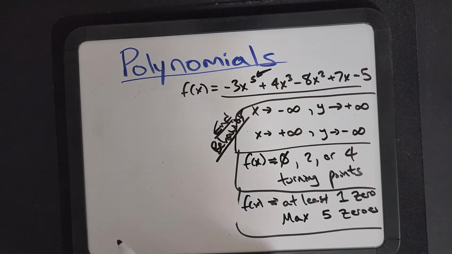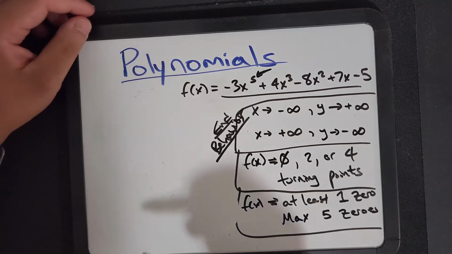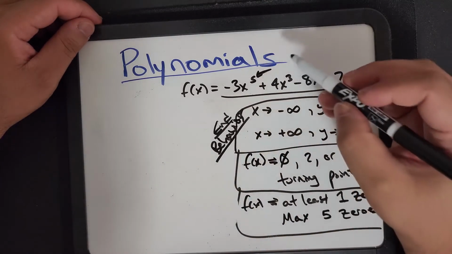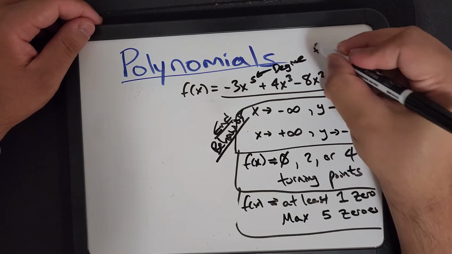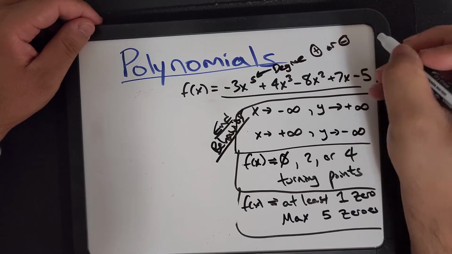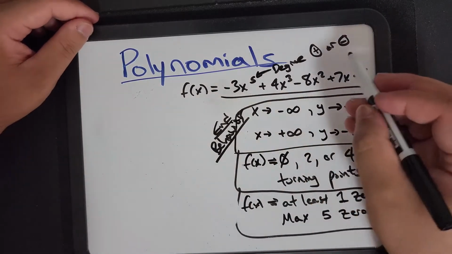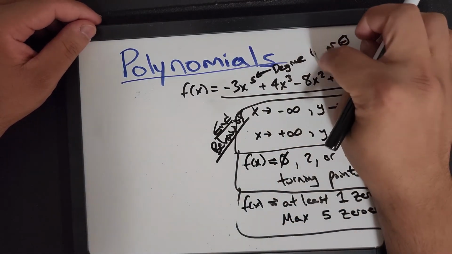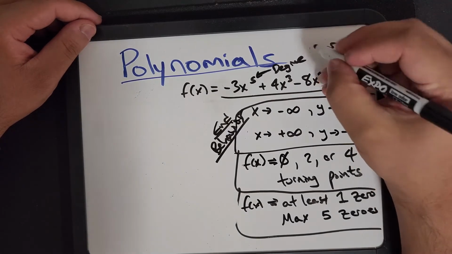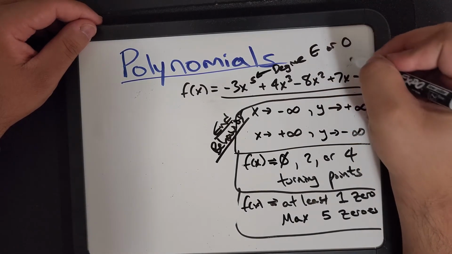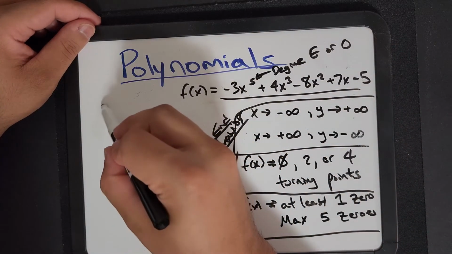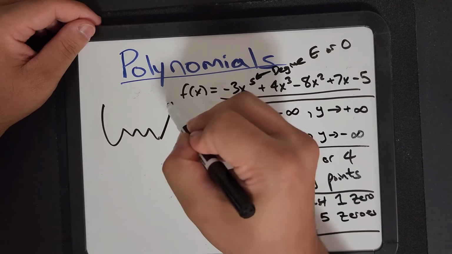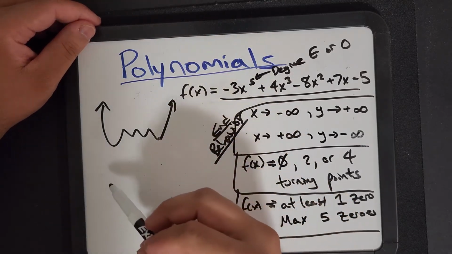And we also want to know if the degree is even or odd. Even means it will do whatever it does, but end up in the same direction it came from.